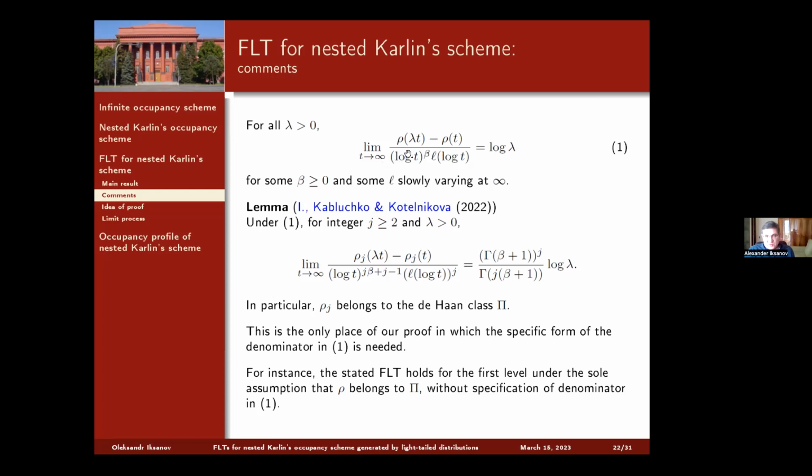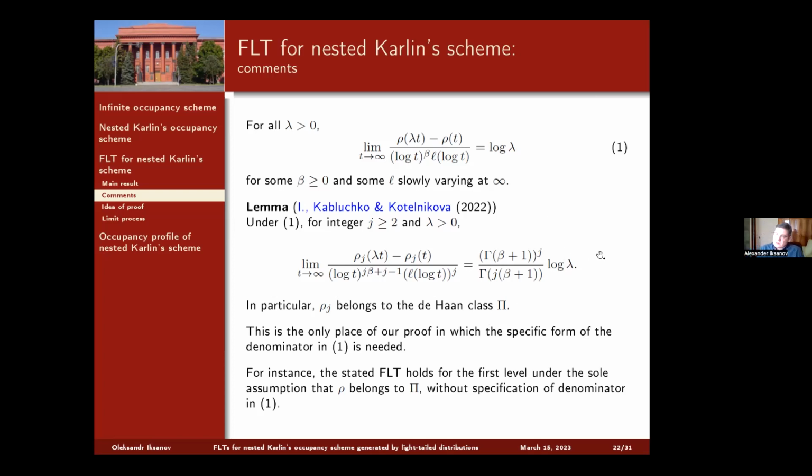However, I'd like to stress that this assumption about the particular form of the denominator is only used for this lemma. So this is the only place in our paper where this specific form is needed.